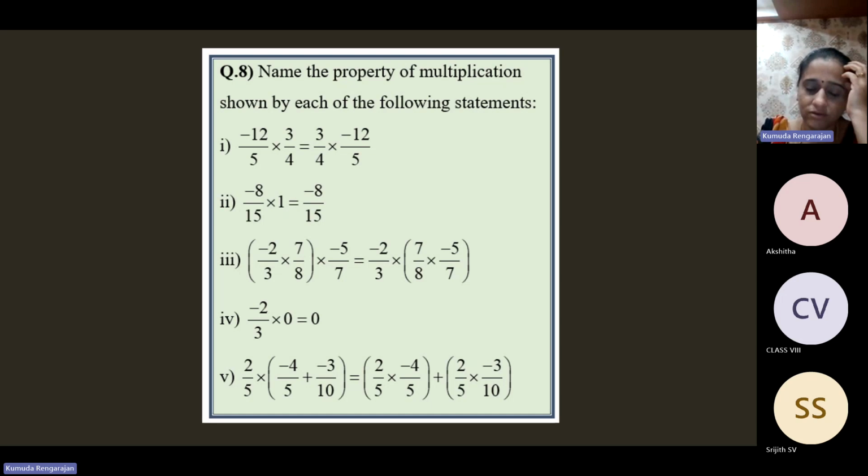Distributive property of multiplication over addition of rational numbers, ma'am. Very good. Was that Srijit? Correct. Akshita, you were also right. So it's the distributive property of multiplication over addition. A into B plus C is equal to A into B plus A into C. Very good.